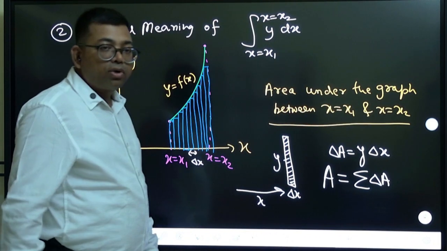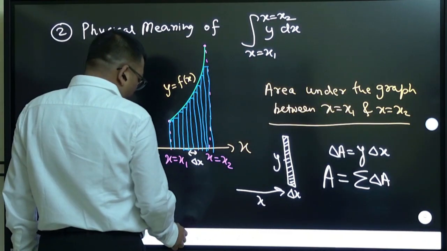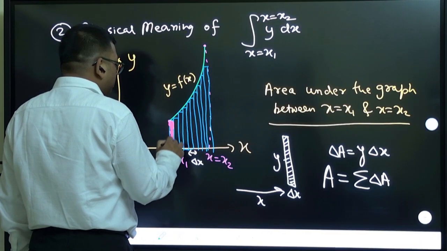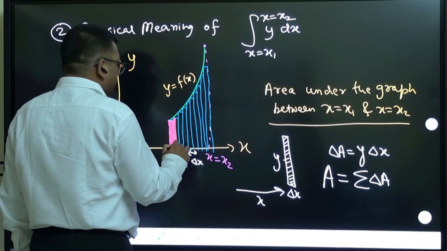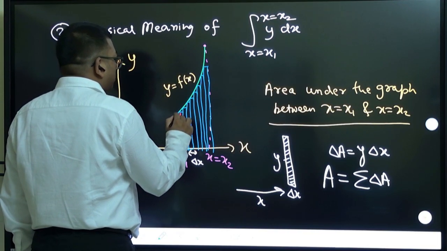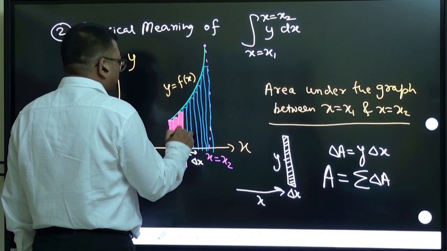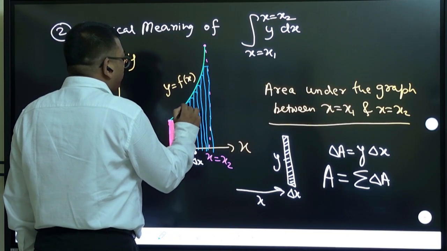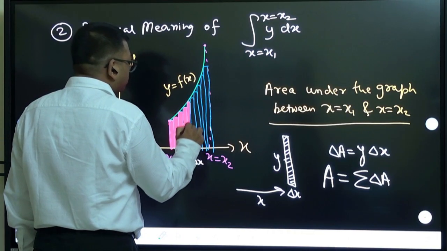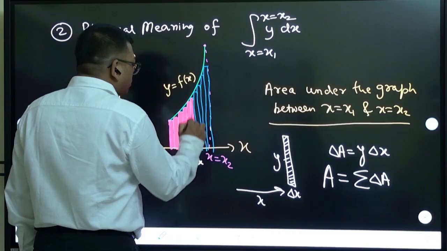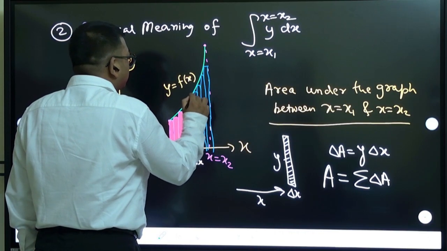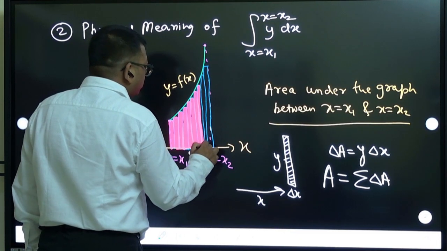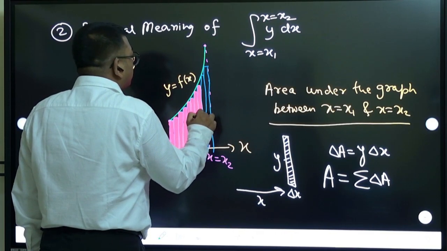But you know the problem that will happen. There are some areas which will be missed out. Suppose for example you take this area, then the next area you take, then the next area you take, like this. When you take up all these areas, you'll find that some areas will be missing out in this process. You know where those areas are missing? I think you can see in this diagram. Somewhere, while taking the areas of these strips, it is missing out.